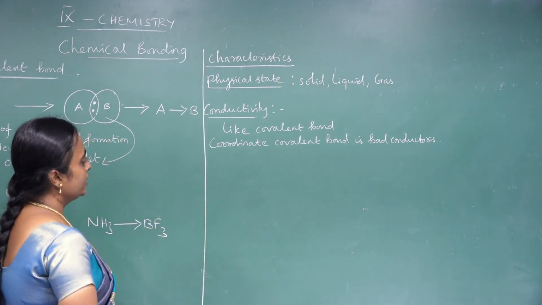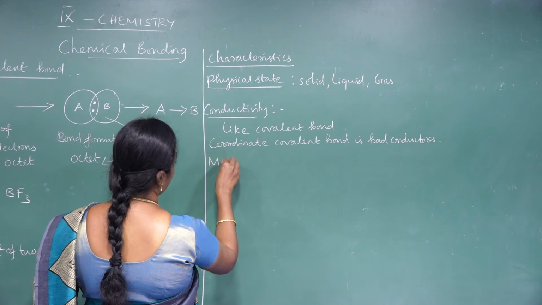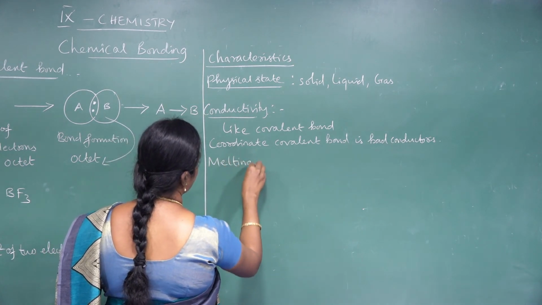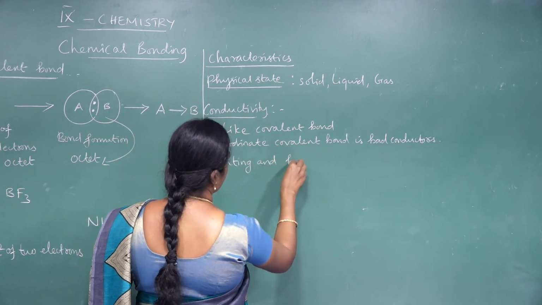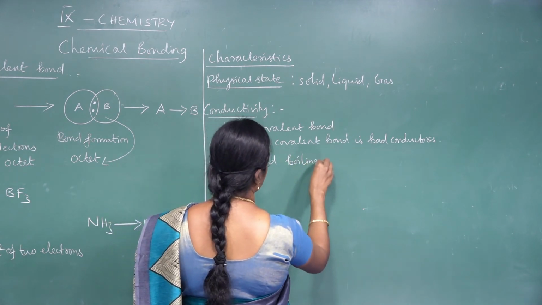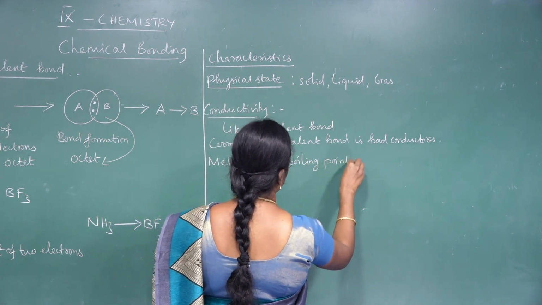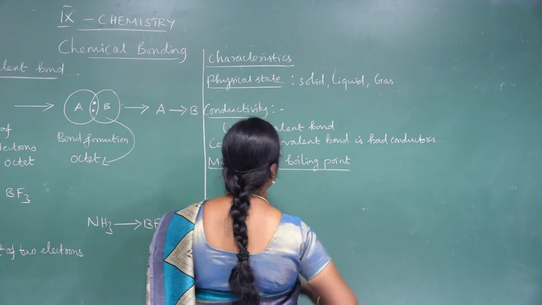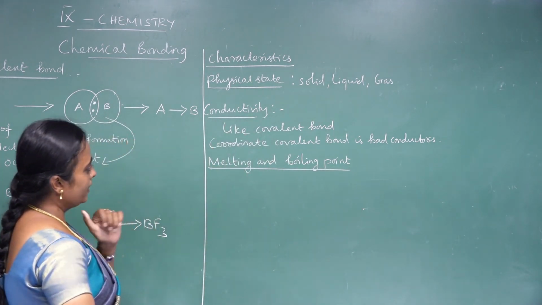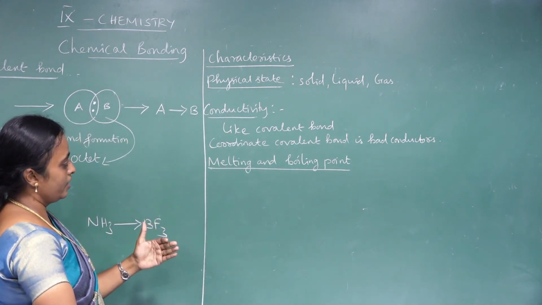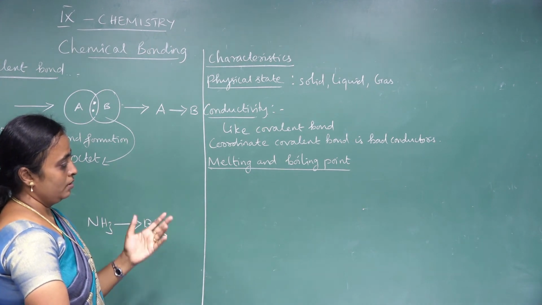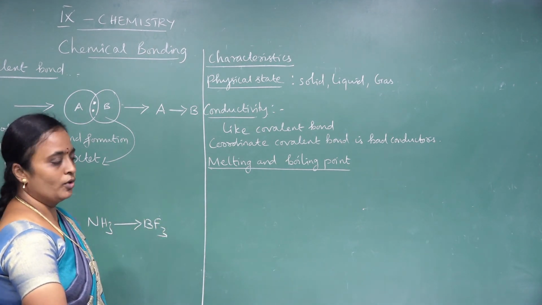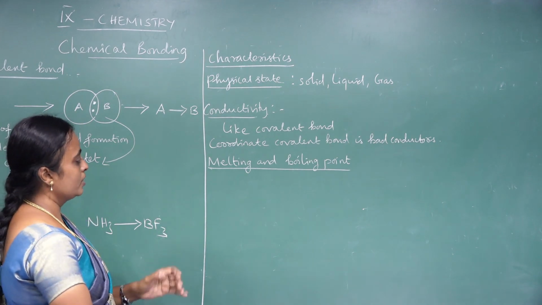Okay. And next, what about the melting and the boiling point? If you take the melting and boiling point, again there will be a comparison with the covalent bond and the ionic bond. There are two bonds we are going to compare.